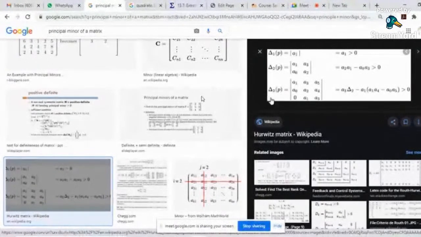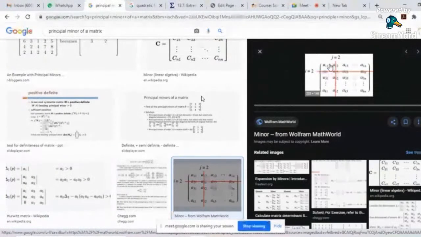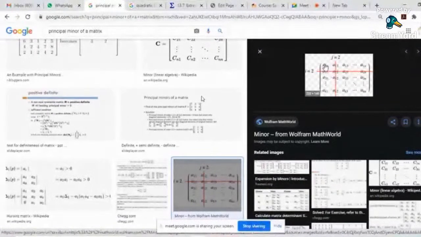We can take the first corner element A11 and take the determinant of A11. That is A11 itself. Now we consider the second row and second column and take these 4 elements A11, A12, A21, A22, and take the determinant. And so on, continue in this fashion.